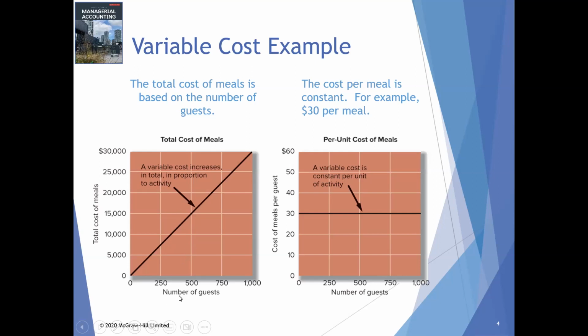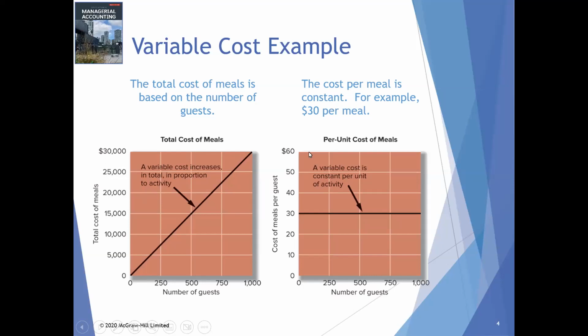Here activity means the number of guests, which is increasing from 200 to 500. In proportion to that, you can see 15,000, the total cost, which has increased. If it further increases from 500 to 700, you can see the total cost has increased to around 20,000. So this is what this line says: as the number of clients, meaning the activity, increases, the total cost will also increase.